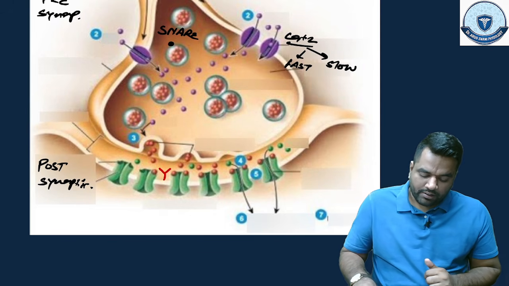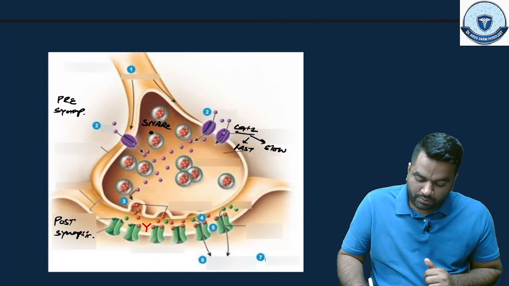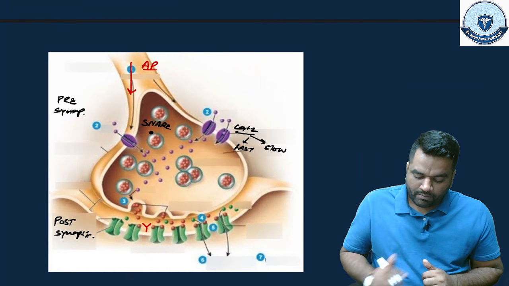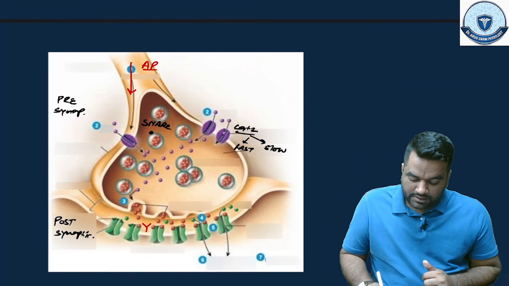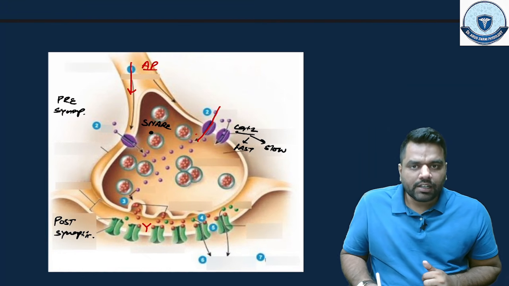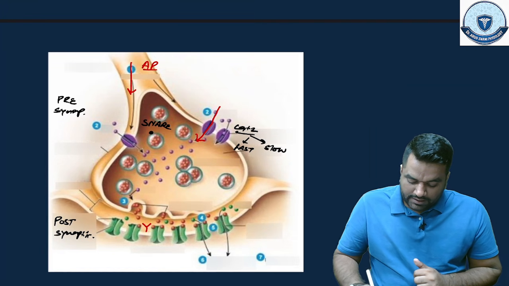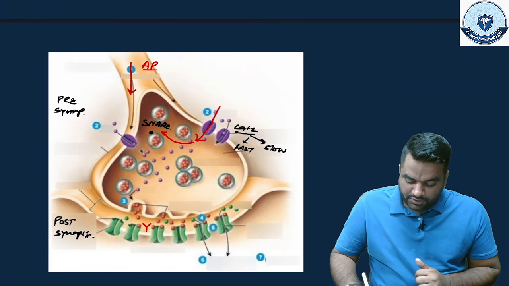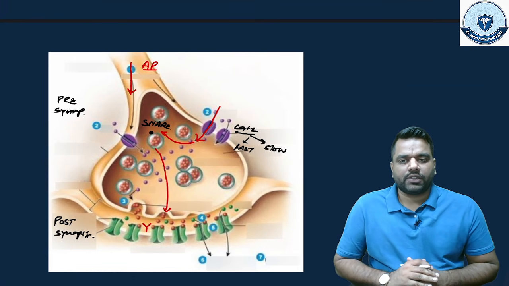Guys, whenever the action potential comes from the upper side like this, it will open up this calcium channel, calcium enters. Once the calcium enters, it activates the SNARE protein. This activation of the SNARE protein leads to vesicle exocytosis.